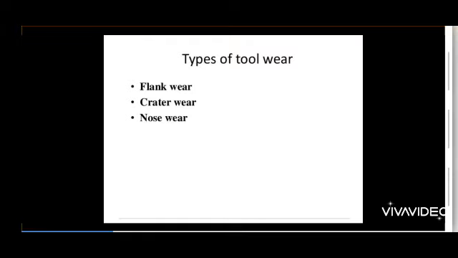Crater wear is nothing but the wear taking place on the face of the tool. The chip is continuously flowing along the face of the tool. The hard chip is in contact with the face of the tool, so the chip is at high temperature, and that temperature is transferred into the tool by conduction.